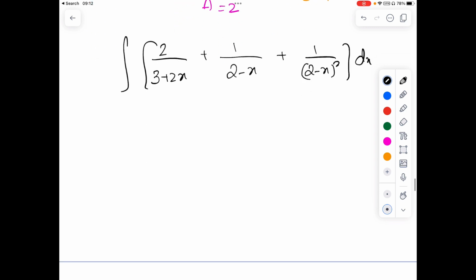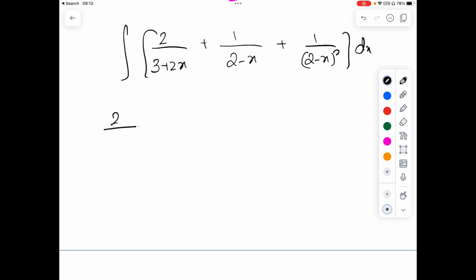dx. So 2 ln of 3 plus 2x divided by 2, because I'm using 1 upon a ln of ax plus b. What is the formula I'm using? This formula: if the question is in the form of integral of 1 upon ax plus b, I'm using this formula.